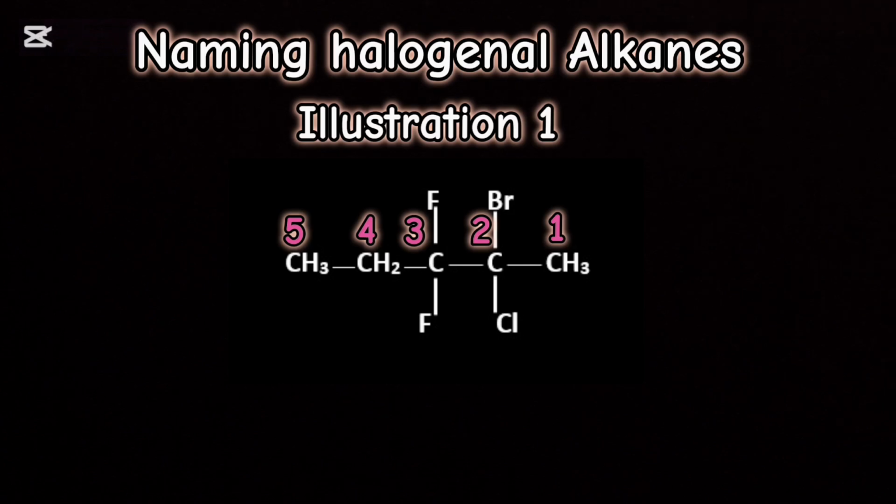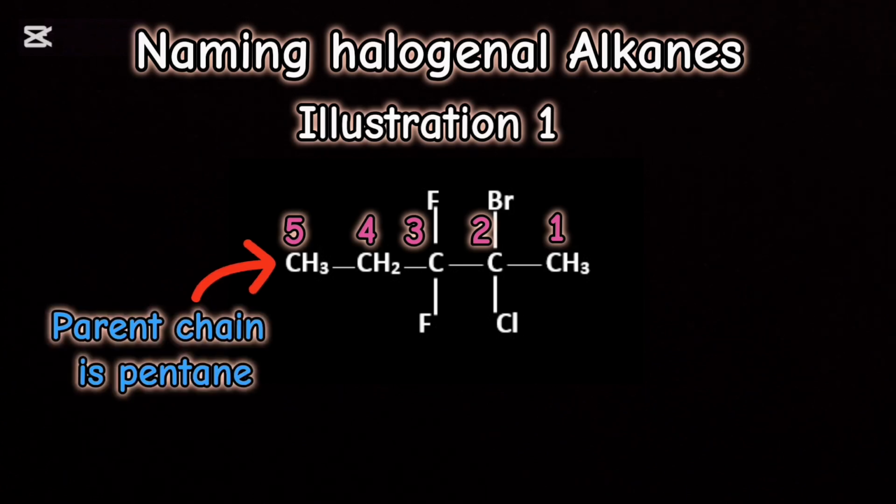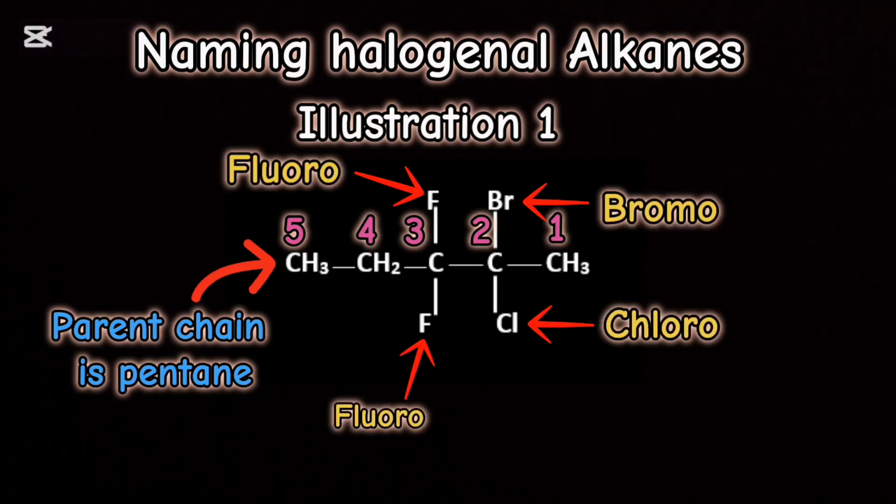Notice that the parent chain has 5 carbon atoms, and therefore the parent name is pentane. Also, we do have 3 different group 7A elements, and that is bromo, chloro, and fluoro.